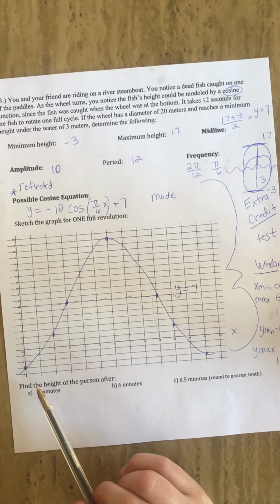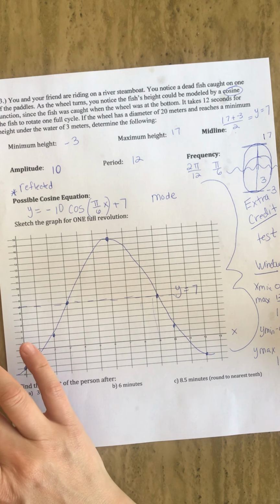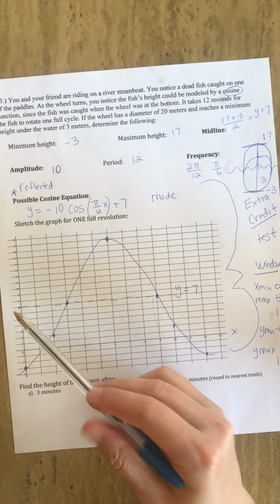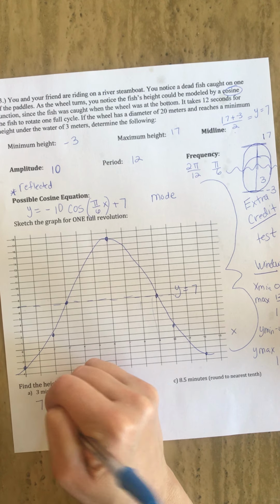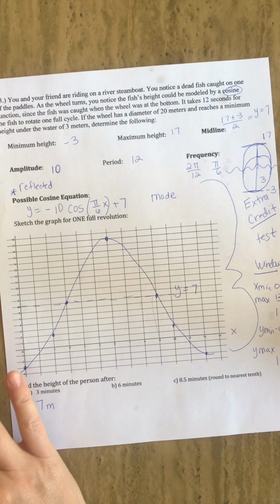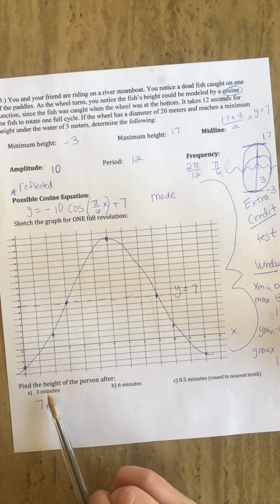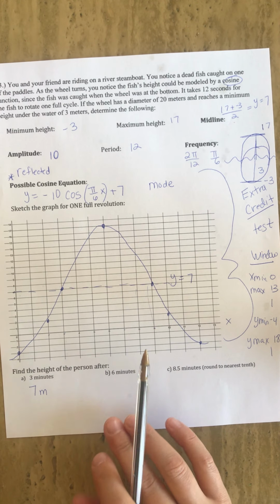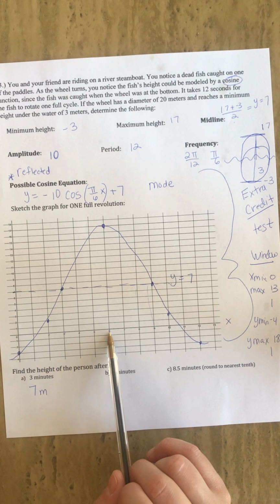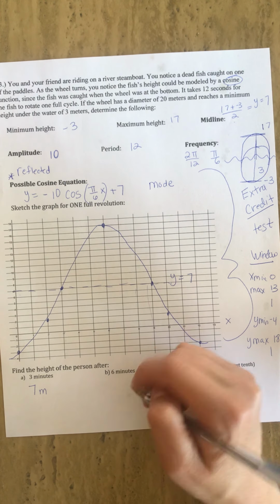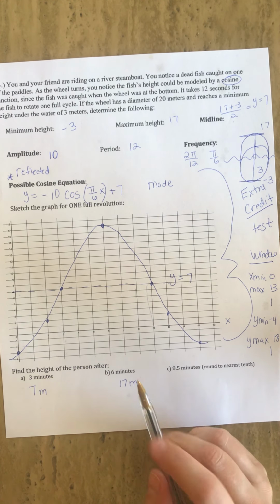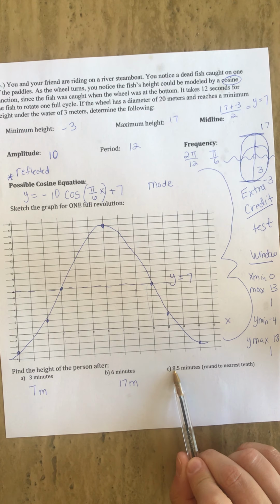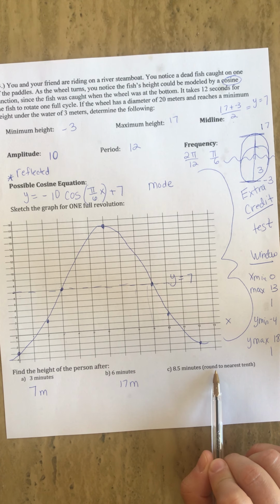All right, so we can go ahead and find the height after 3 minutes. Again, you can look here after 3 minutes, which is 7 meters, or you can look at your table. This is when x is 3, your y value is going to be 7. 6 minutes, again, you can look here. 6 minutes, you're going to be at 17 meters. And this last one, 8.5 meters, you want to round to the nearest tenth.